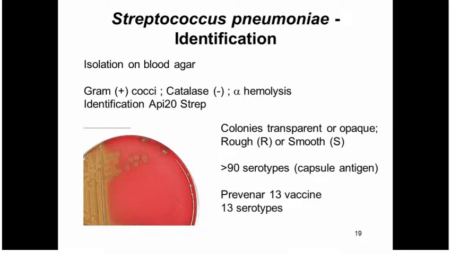So, since 2010, I believe, the Prevnar 13 vaccine has been available. This has the capsule antigens of the 13 serotypes that cause most of the invasive infections. So you don't have to have a vaccine with 90 or 100 serotypes. You just vaccinate against the most dangerous strains.